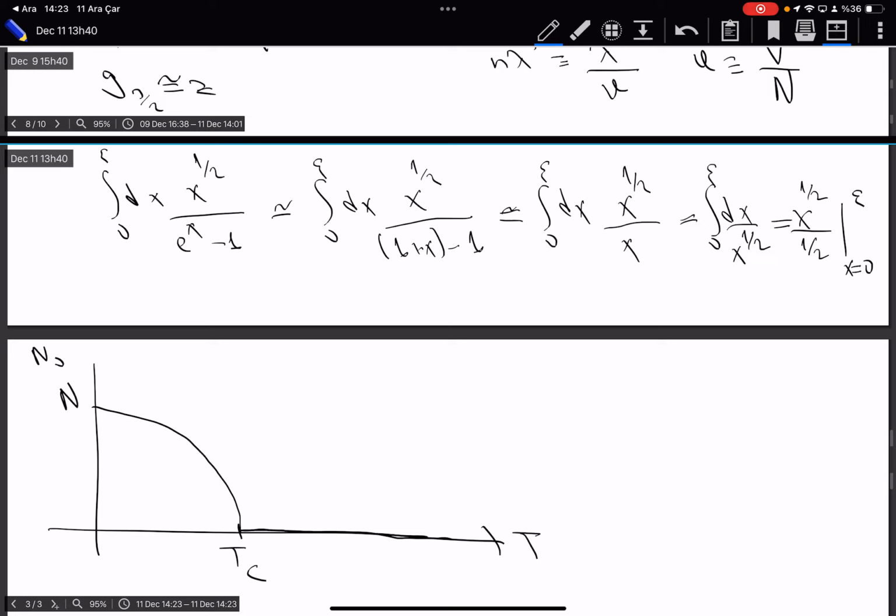Now we see, if you look at over here, the derivative of n0 as a function of T for temperatures larger than Tc is 0. But the moment it becomes below Tc, it's non-zero. Well, this is in the thermodynamic limit.